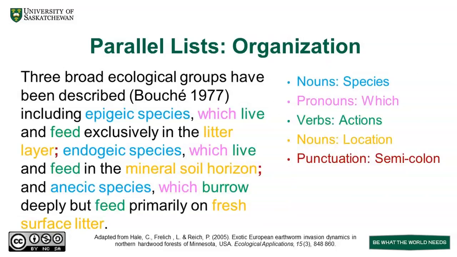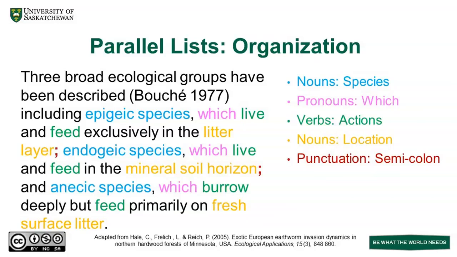So I love this example, not because I'm particularly interested in worms, though I am now horrified to realize that worms are damaging the North American forests. But from just a language perspective, I really like how this information has been organized so effectively. And we see a lot of different components that are in place. So we have nouns, pronouns, verbs, more nouns, and punctuation. And altogether, this is holding a lot of information in balanced, in parallel.